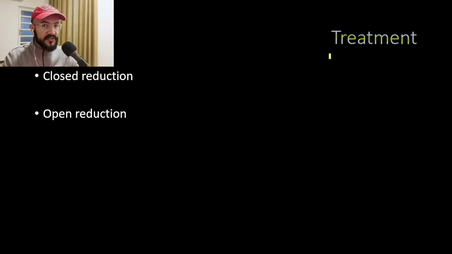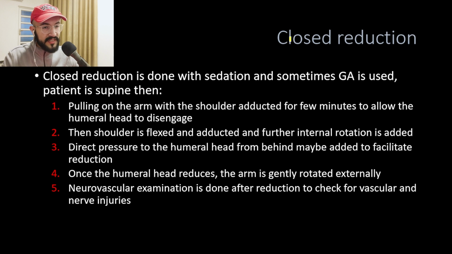So posterior shoulder dislocations are treated with closed reduction, unless there is a contraindication to closed reduction, then the open reduction is done. Regarding closed reduction, it is done with sedation, and sometimes general anesthesia is used, and the patient is supine, then pulling on the arm with the shoulder adducted for a few minutes to allow the humeral head to disengage.